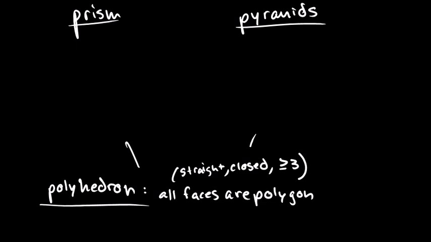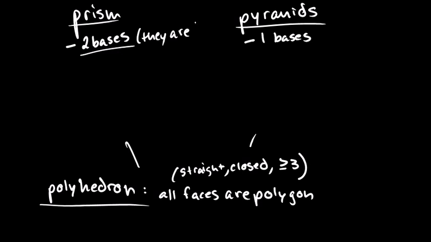So the main difference between a prism and a pyramid is the number of bases. A prism has 2 bases, and a pyramid only has 1 base. The special part about the 2 bases is that they are parallel planes. That means if I have the ceiling and the floor of my classroom, those are parallel planes.